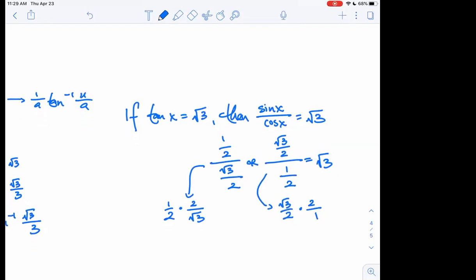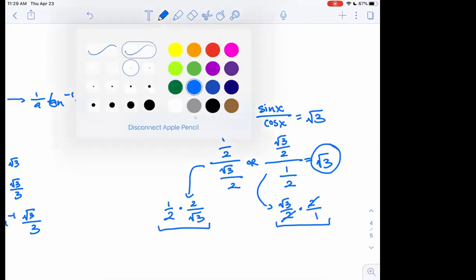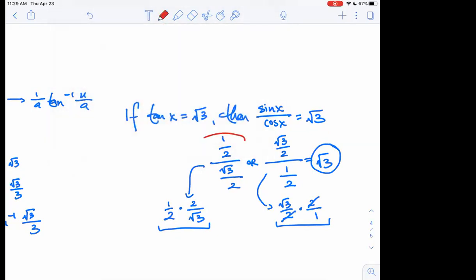So which one of these, option A or option B, simplifies to give us root 3? Option B. Option B, yeah, because this 2 and that 2 will cancel. So that means this one is not correct for this, but we can probably use it for the second part.